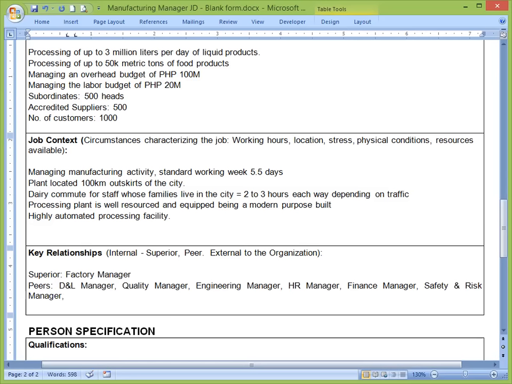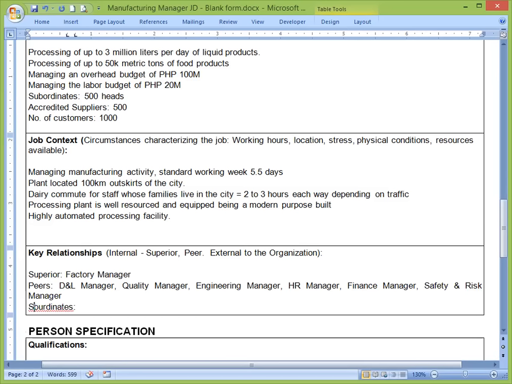I can write so many positions here, huh? But that's enough. Subordinates also you can write again here. That's how the Hay method does it.